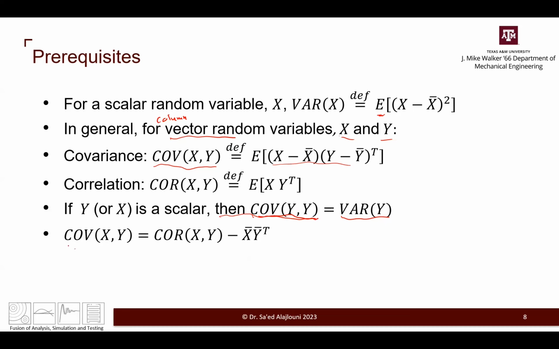And this is the relationship between the covariance and correlation. Basically the covariance of X and Y is the correlation of X and Y minus X bar, Y bar transpose. You can get to this expression easily if you start from the definition of the covariance.